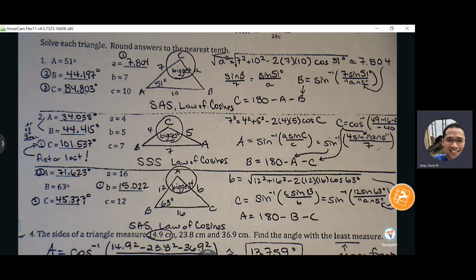Let's see if the opposite is the answer. Is that the right answer though?